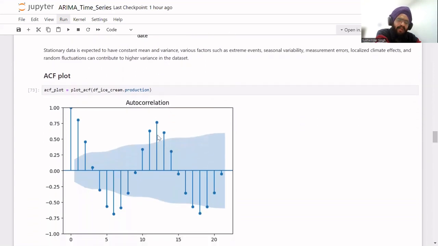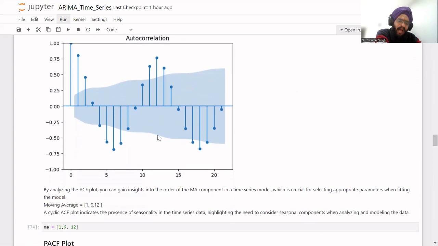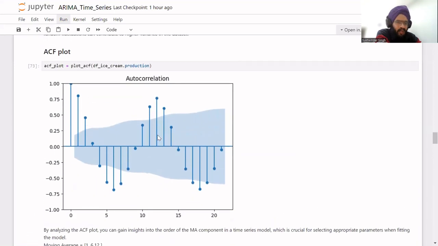Then we have to do some plotting, the ACF plot and the PACF plot. These plots are required to analyze the lag. In ARIMA, we have the lags p, d, q. We will learn about p, d, q in the future. So here we have the ACF plot, which defines how many observations are useful for our model.